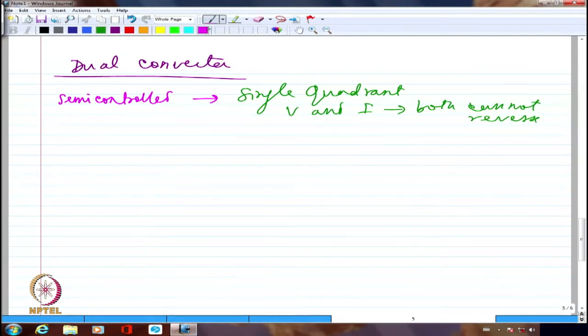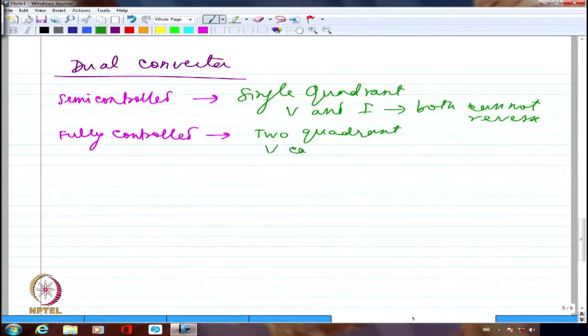Whereas a fully controlled converter allows two quadrant operation, where V can be reversed, I cannot.